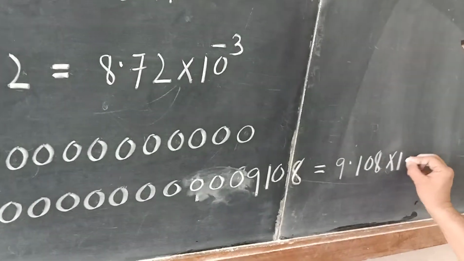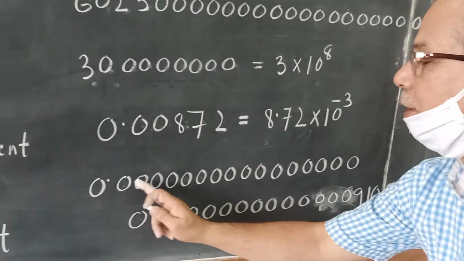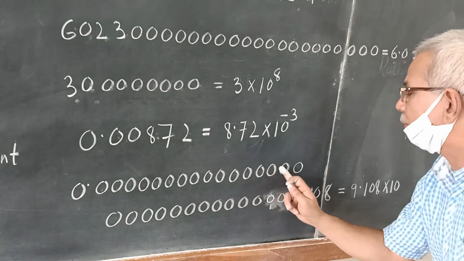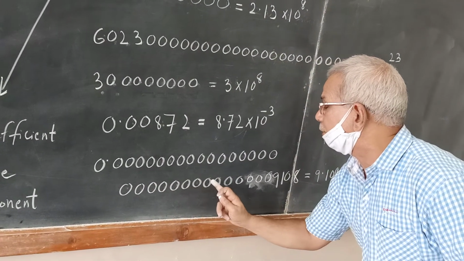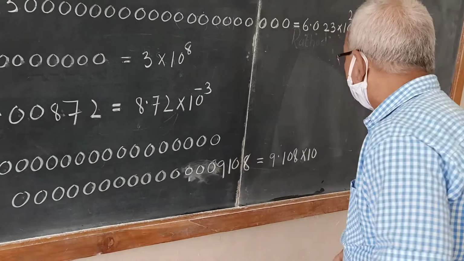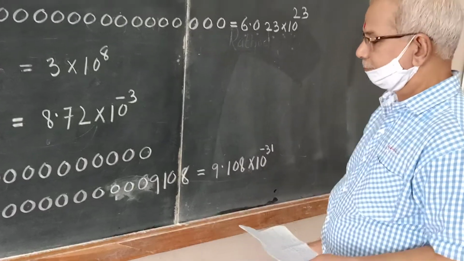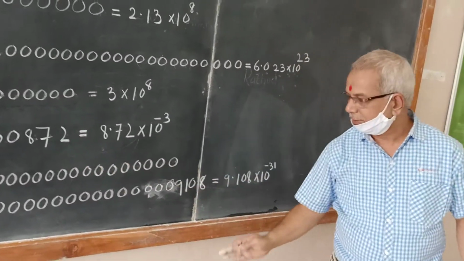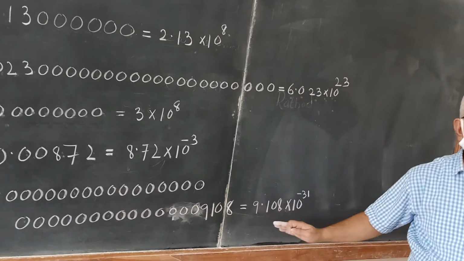So this is equal to 9.108 into 10 to the power... You see here 1, 2, 3, and in the same way counting up to 31. So it is 10 to the power of minus 31. Think how much space it is taking and how much time it is consuming.